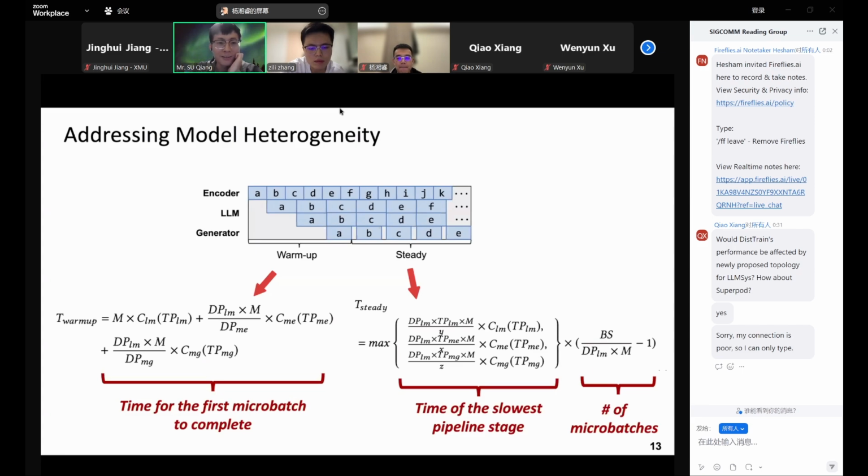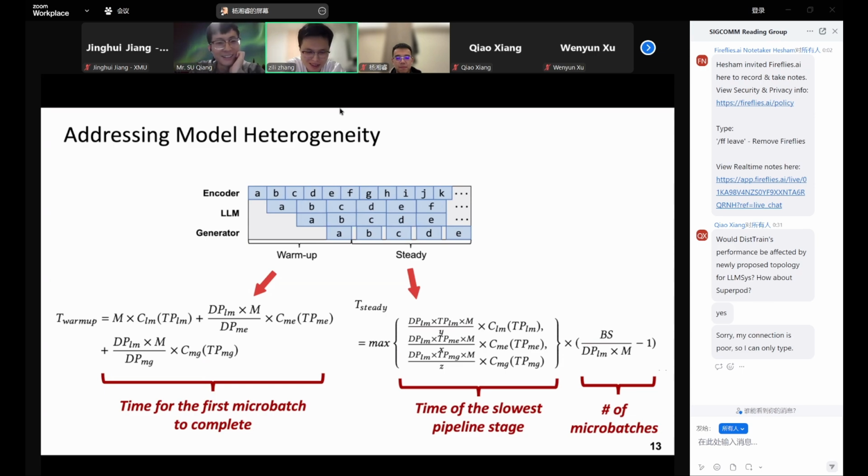So I think this is actually the orchestrator in this system. These three components are heterogeneous, right? So if we target many other heterogeneous training tasks, I think the thing may be the same, right? What do you think?